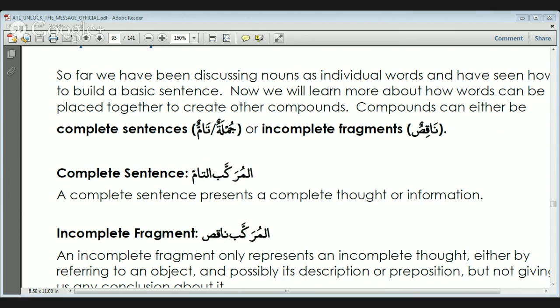The first one is the harf jar compound. You can cross out prepositional and write harf jar compound in your book. Okay, this order is messed up. Number 2, possessive compound.